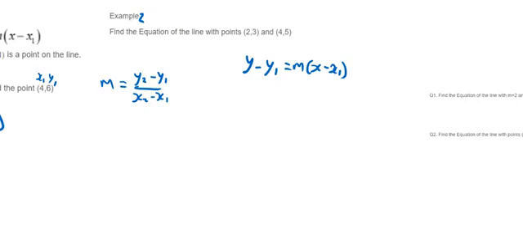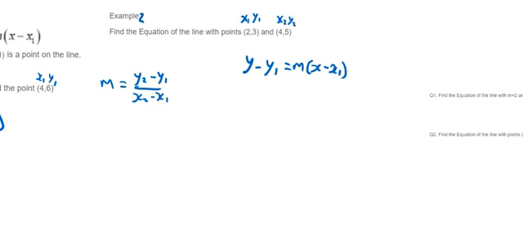So what we have to do here is use this formula first, and then whatever we get for m, we're going to put the answer into the other formula. In order to work out the slope, we need to know 2 of the points. We do have 2 of the points in this question. They give us 2, 3 and they give us 4, 5. They say that both of those are on the line.